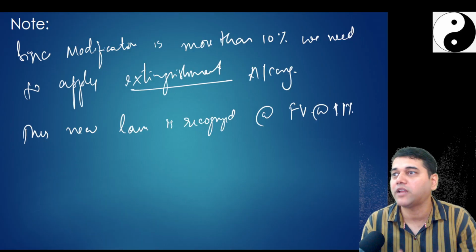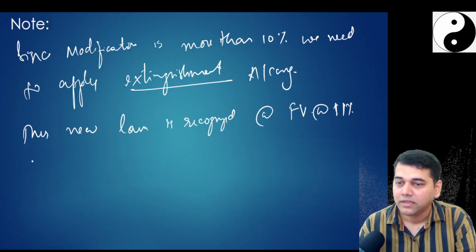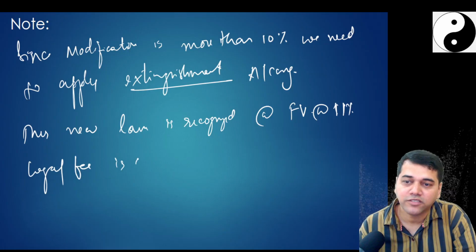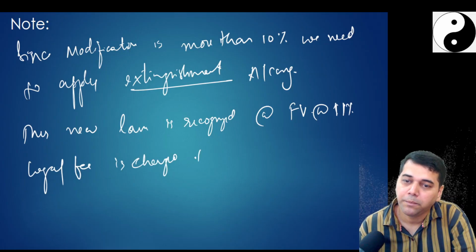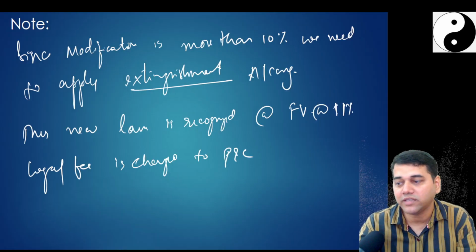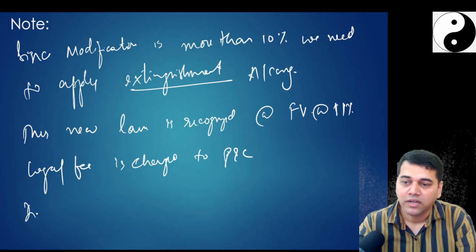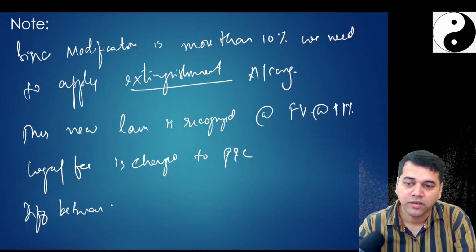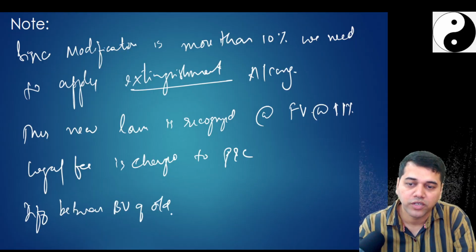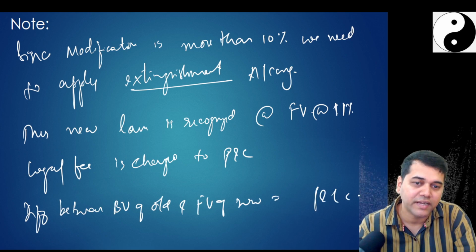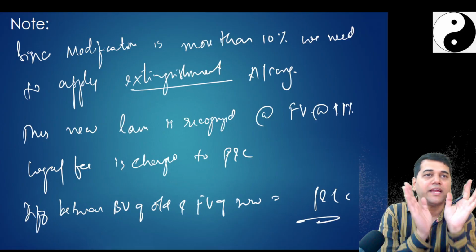Today's day, one new loan I am going to get. What I will do with the legal fees is charge to P&L. Yeah, why? Assuming it is for the old. Old doesn't exist anymore. Difference between book value of old and fair value of new is equal to P&L. Finish. This is the way I account it.